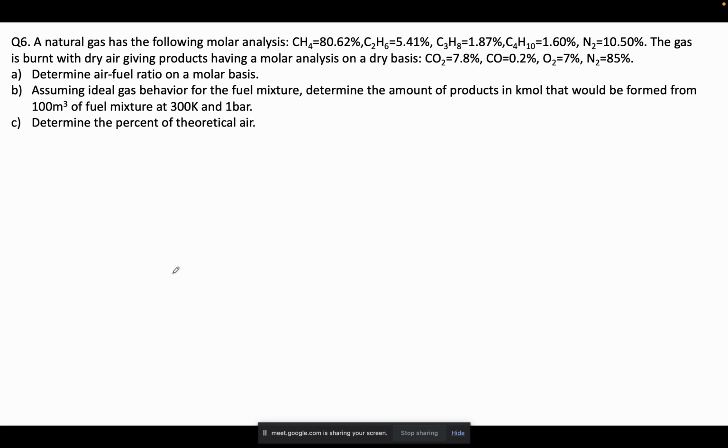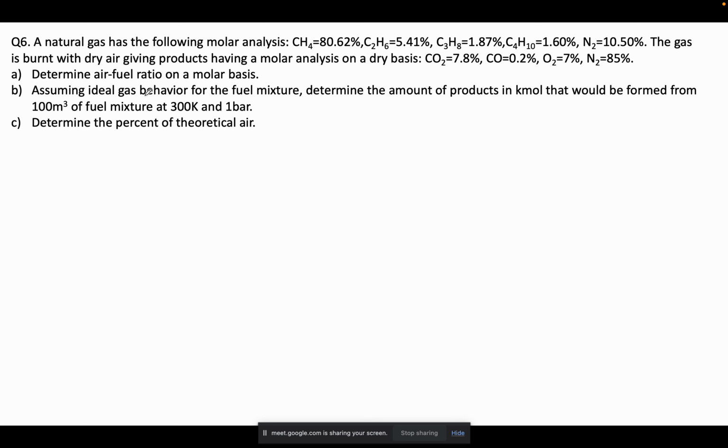A natural gas has the following molar analysis: CH4 80.62%, C2H6 5.41%, this one 1.87%, this one 1.62%, and this one. Now the gas is burned with dry air, giving products having a molar analysis on a dry basis. So this was the dry products that was obtained, and whatever percentage is given is based on the dry product.